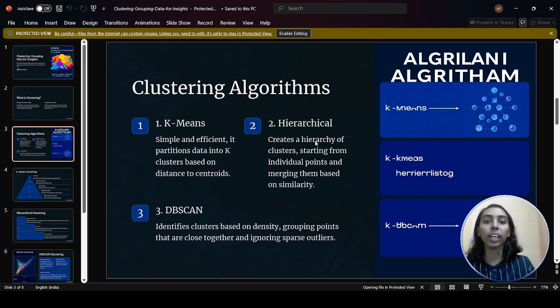Hierarchical clustering creates a hierarchy of clusters starting from individual points and merging them based on similarity. Third, DBSCAN identifies clusters based on density, grouping points that are close together and ignoring sparse outliers.